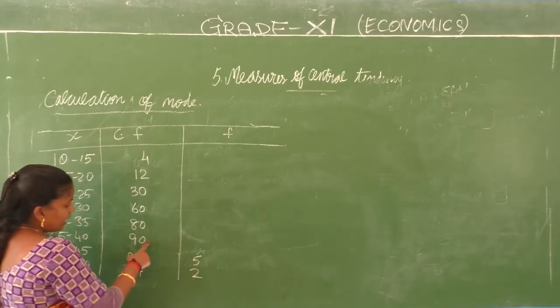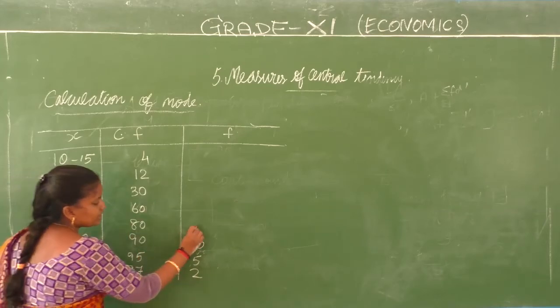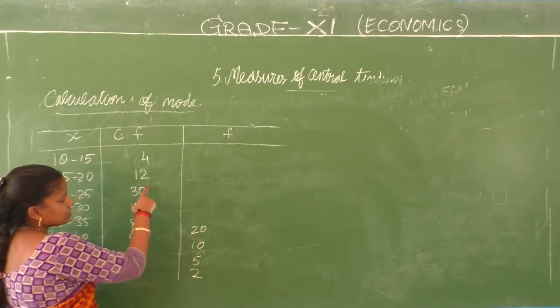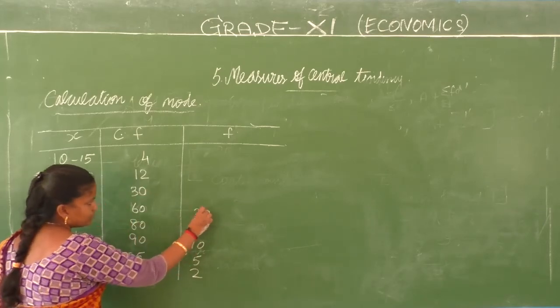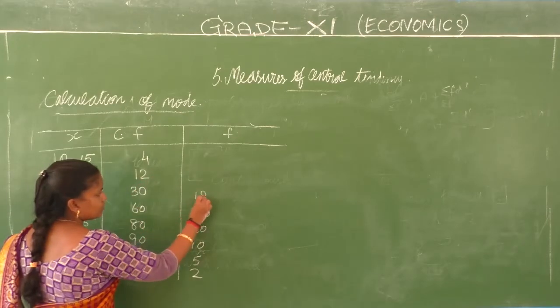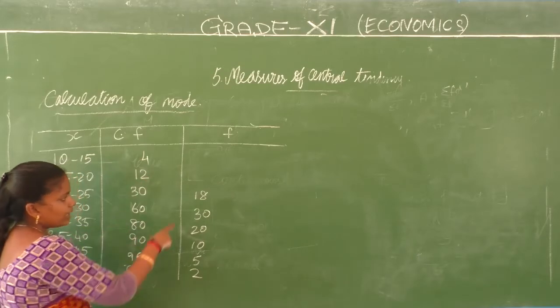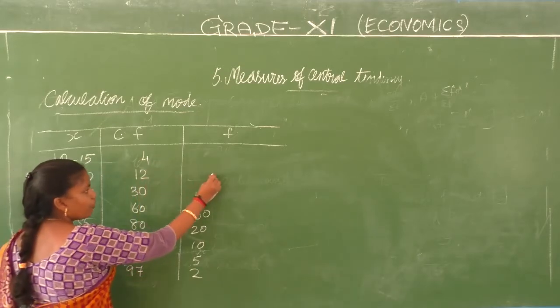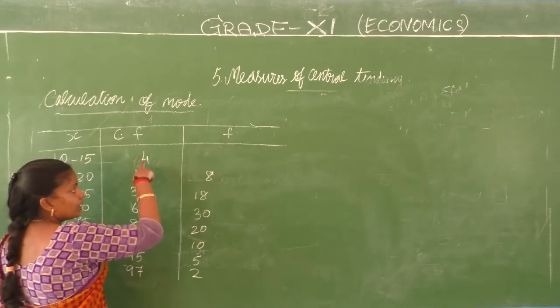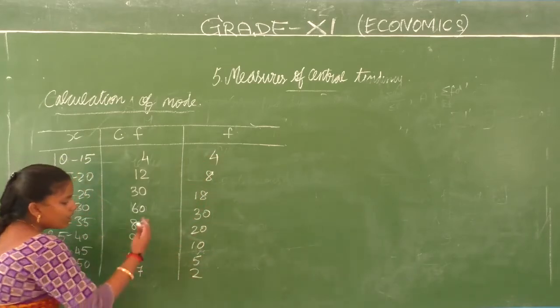Right? 90 minus 80, 10. 80 minus 60, 20. 60 minus 30, 30. 30 minus 12, 18. 12 minus 4, 8. The last value comes directly.